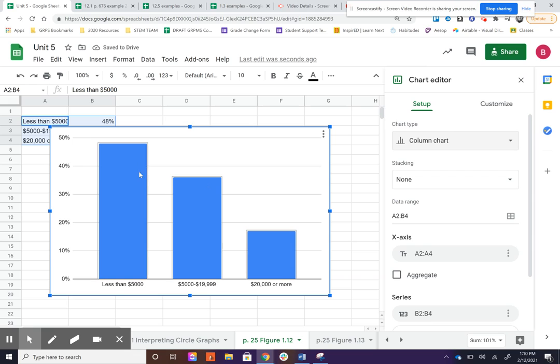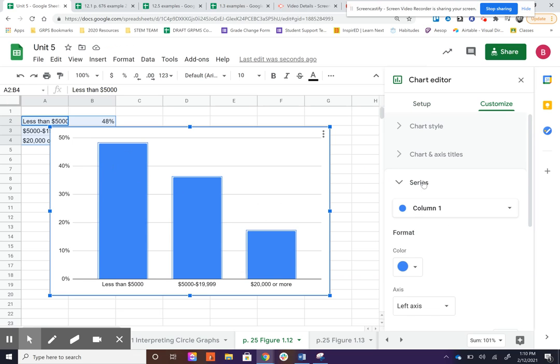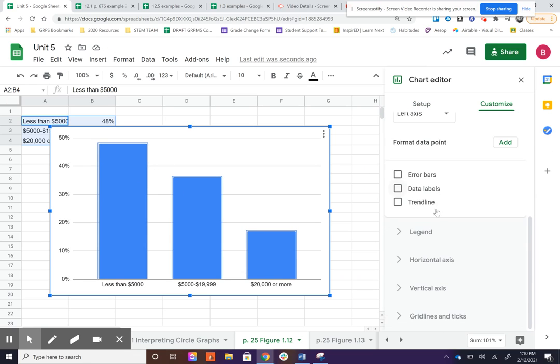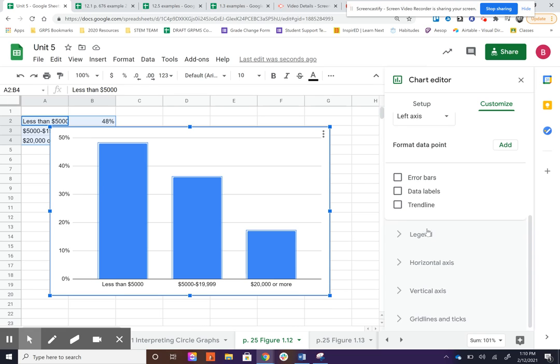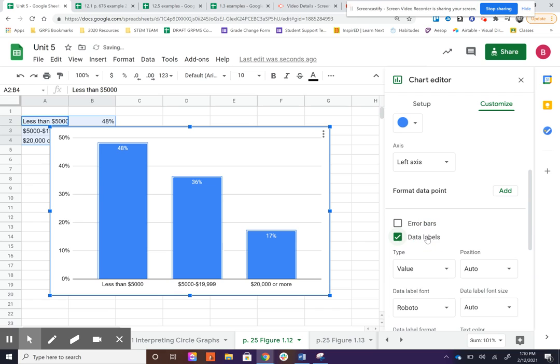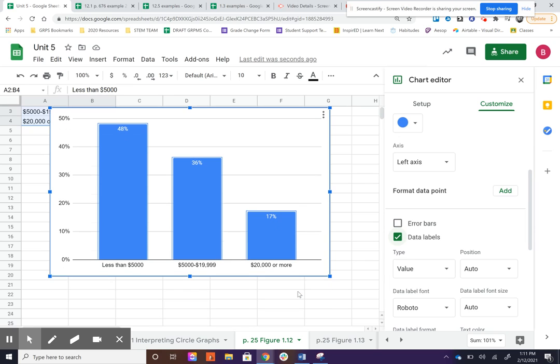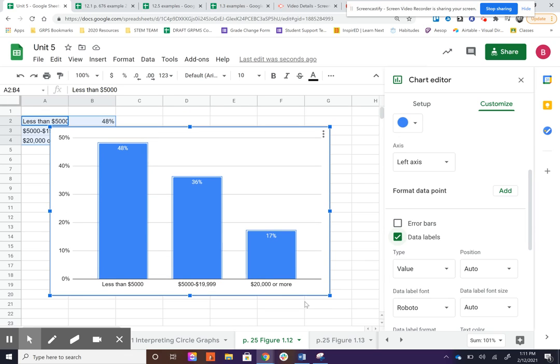And then I think that there is a way to emulate what we have here with data labels. Yeah, so if you click data labels, it adds those percentages just like we see. And that's that example. And then let's go to the next one down on this page, figure 1.13.